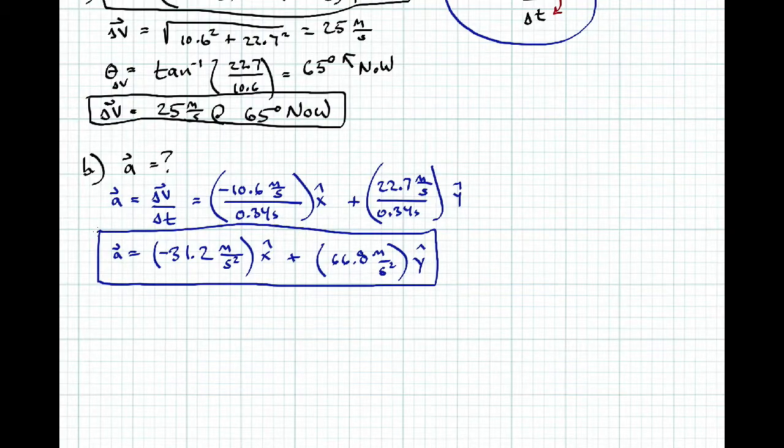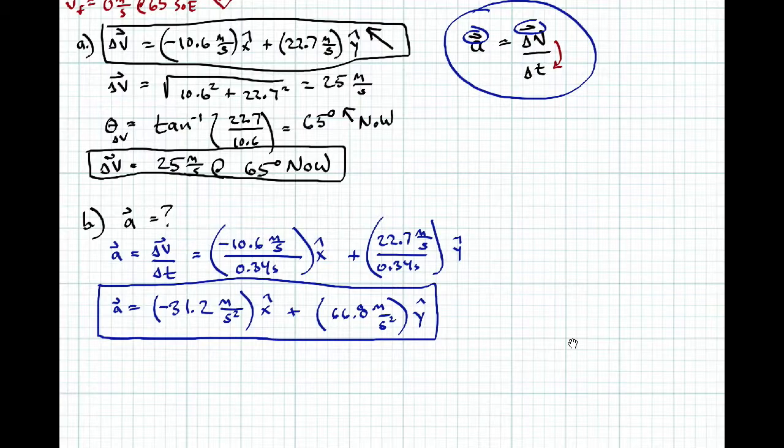Easy. We can also get it pretty easily in magnitude direction notation. Again, if acceleration is change in velocity over change in time, we can simply divide the magnitude direction form of the change in velocity by time and get our acceleration.